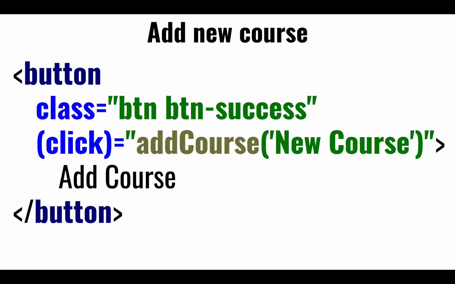Or we can add a new course. We can add a button at the bottom of the screen or maybe at the top of the screen. We're going to click and say add new course. And to addCourse, we're going to pass in a dummy string containing a new course title.